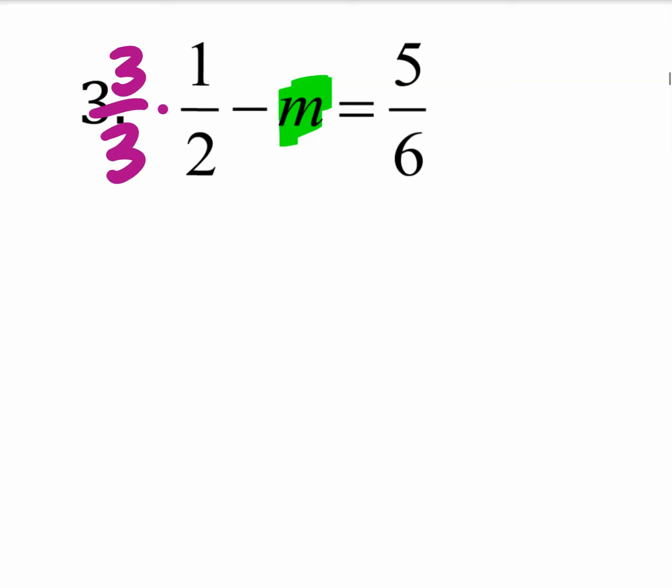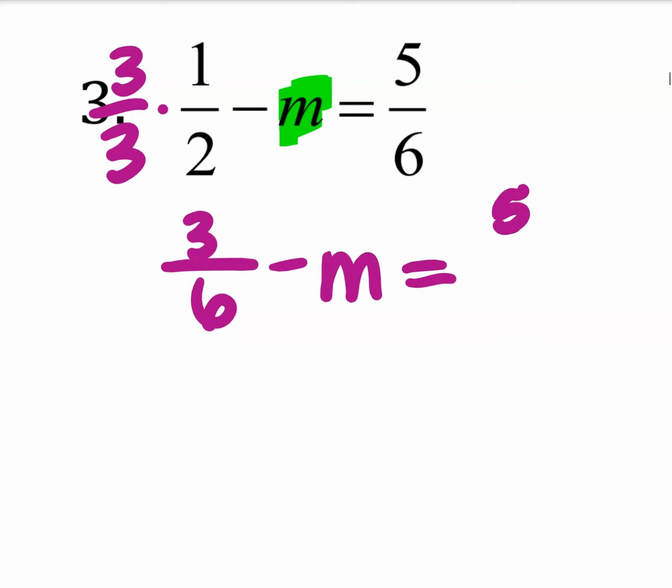I know some of you guys can do that in your head and you can just cross them off and that's totally fine. I'm just breaking it down for people in case they need it. So 3 times 1 is 3 over 3 times 2 is 6 minus m equals 5/6. And now I'm ready to go. So I'm going to subtract 3/6 on each side.